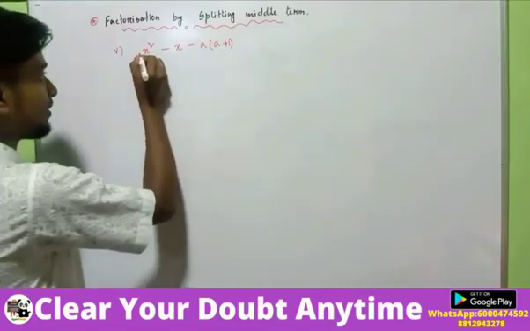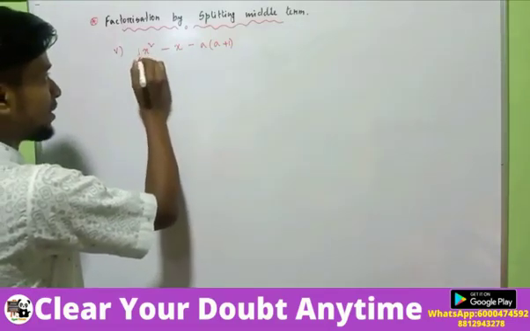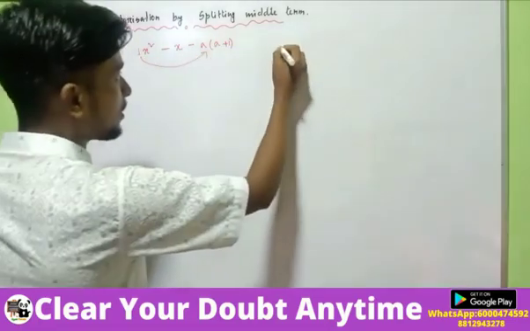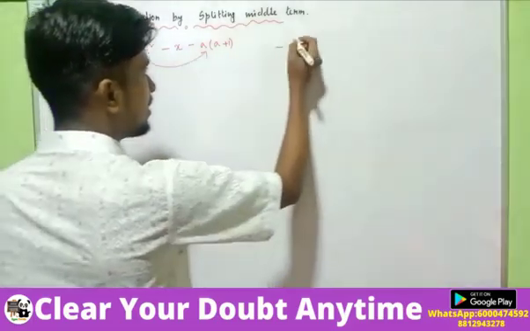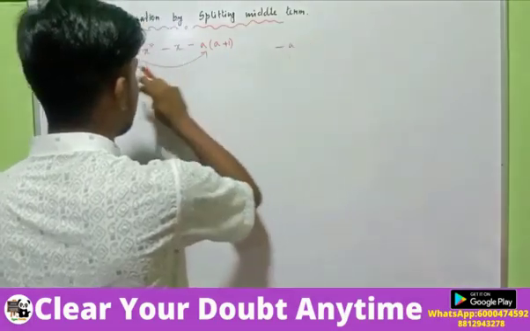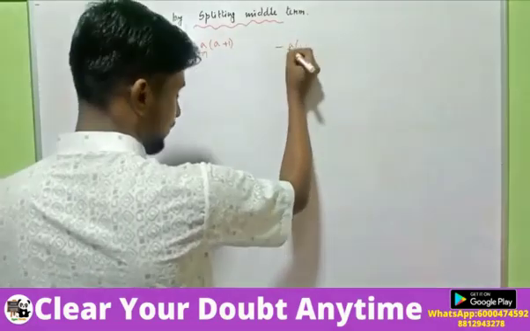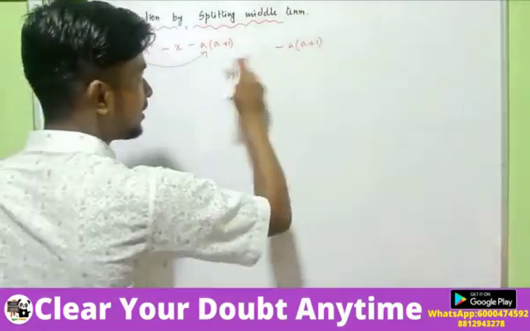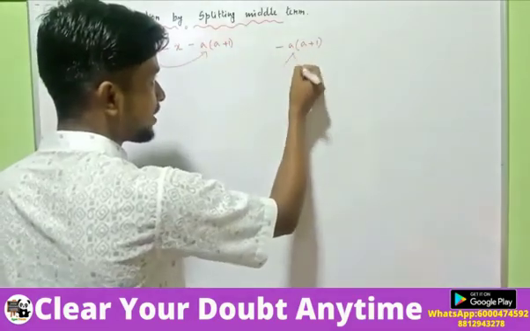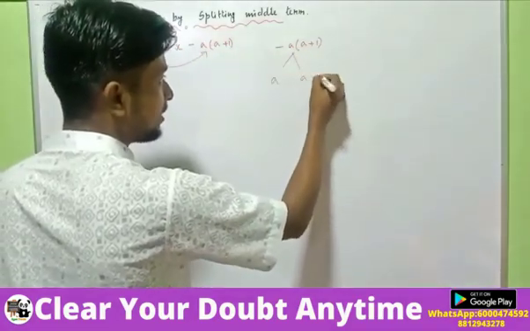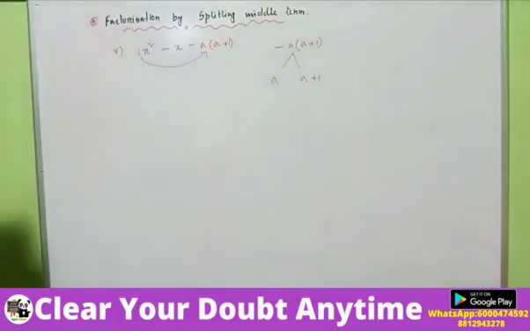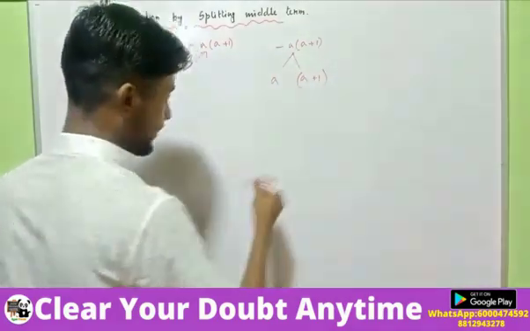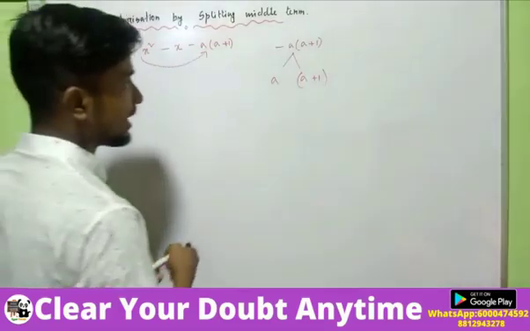So we multiply the coefficient of x square with the constant term, that is 1 into minus a into a plus 1. So what are the factors? It is factorized already: a and a plus 1. Which one is the bigger number here? Obviously a plus 1.